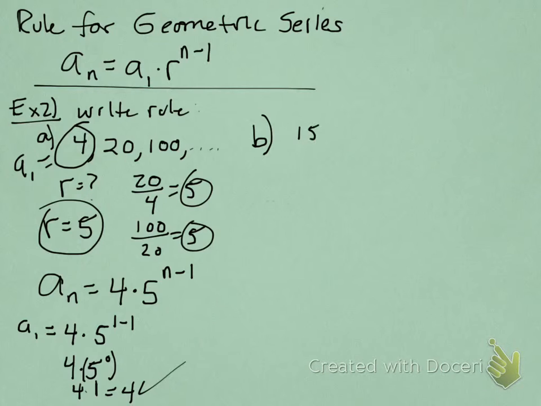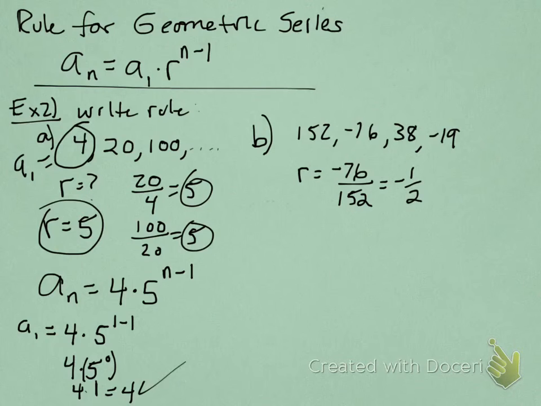Let's do 152 as our first term, then negative 76, then positive 38, then negative 19, and then I think it will just stop there. Okay? So to get my ratio, I'm going to divide consecutive terms. I'm going to do negative 76 over 152, which reduces to negative 1/2.